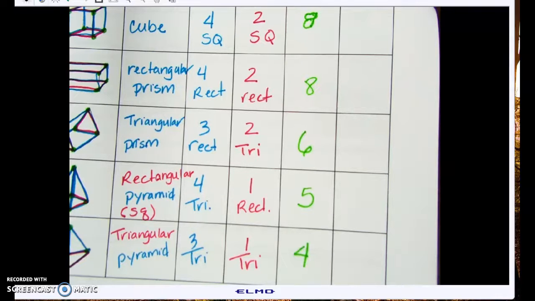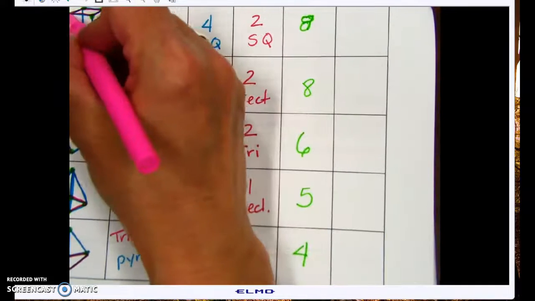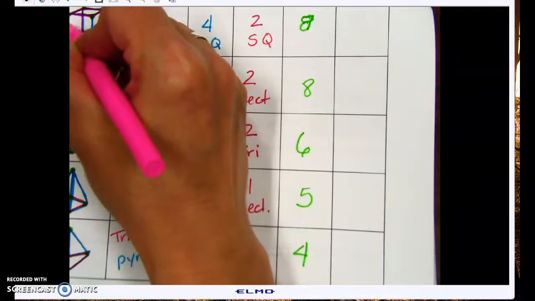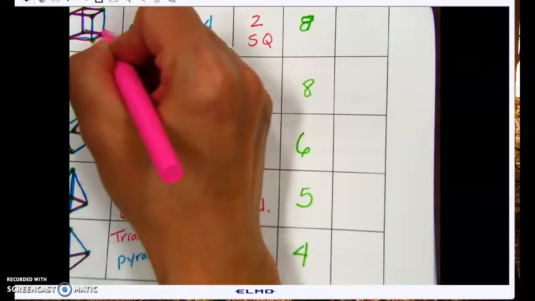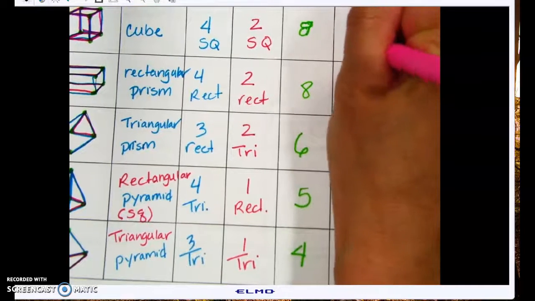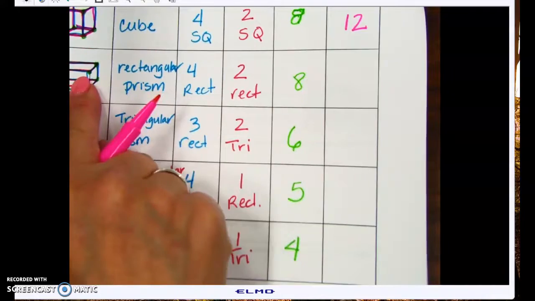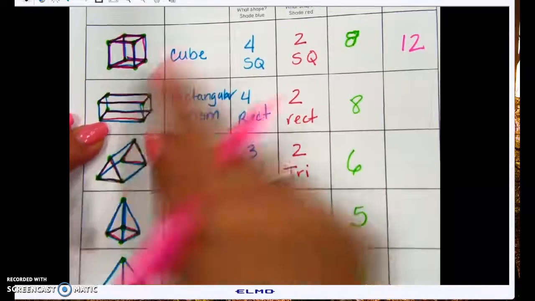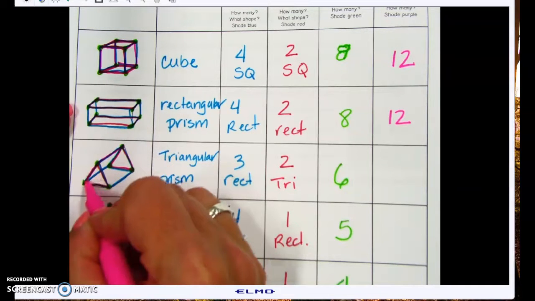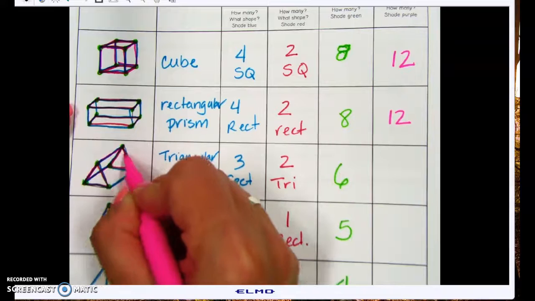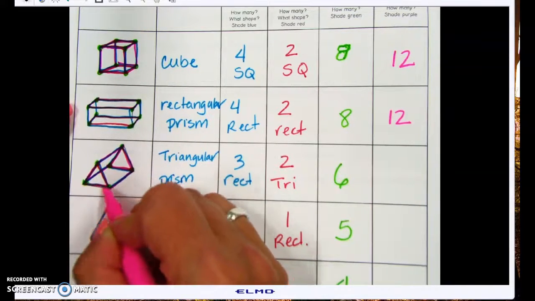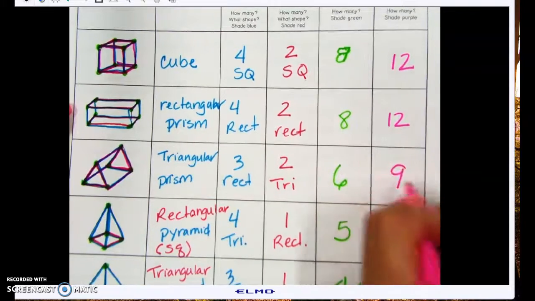Now edges. So here's where I am going to change my color to, let's make it pink. So edges. 1, 2, 3, 4, 5, 6, 7, 8, 9, 10, 11, 12 edges. There's 12 edges here. Guess what? There's 12 edges here too. Now let's look at this one. 1, 2, 3, 4, 5, 6, 7, 8, 9. We have 9 edges.